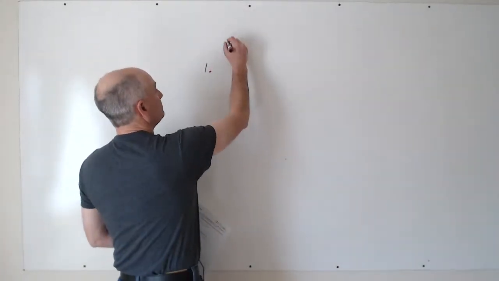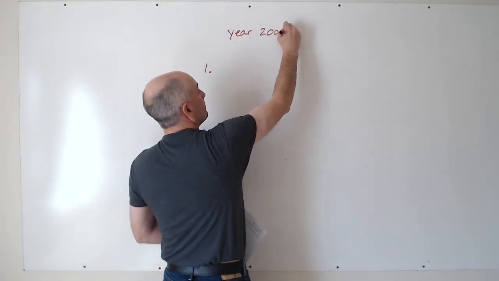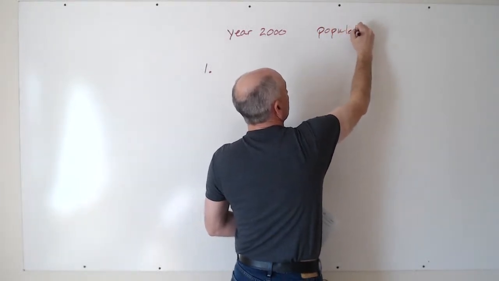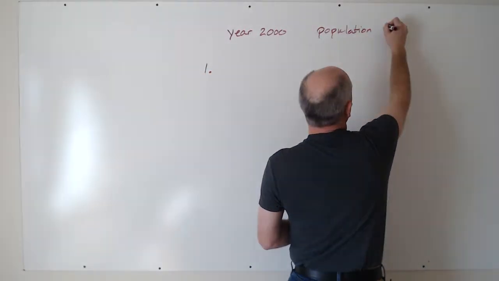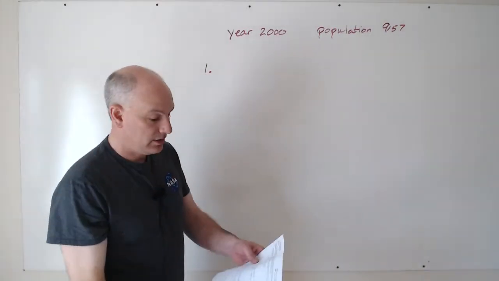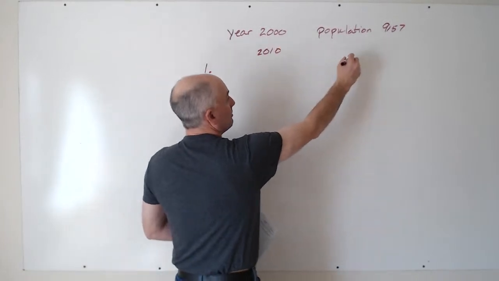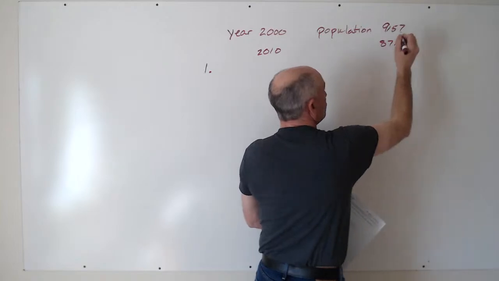they're giving us that in the year 2000 the population is 9157. And then in 2010, the population is now 8712.